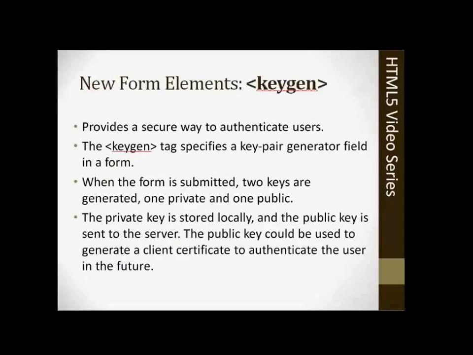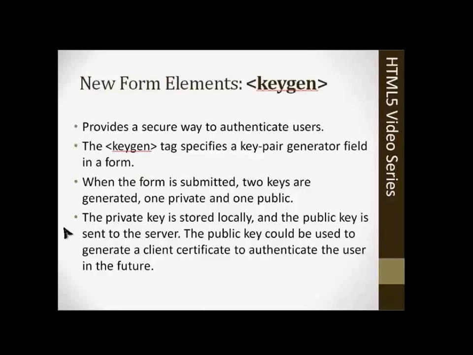Next, we have the keygen form element, which is pretty advanced. It's a client-side way to authenticate users. You'd probably want to use something else as well, maybe some PHP or some kind of server-side programming. It specifies a key pair generator field in a form. When the form is submitted, two keys are generated, one private and one public. The private key is stored locally and the public key is sent to the server.